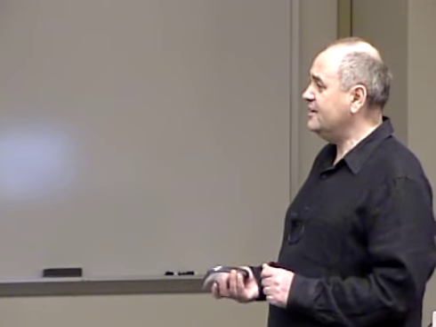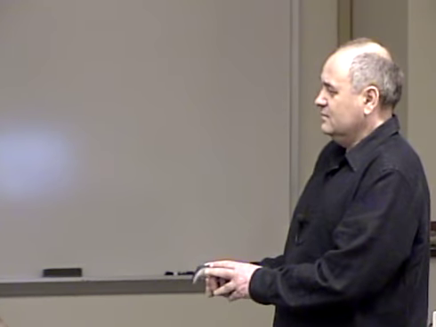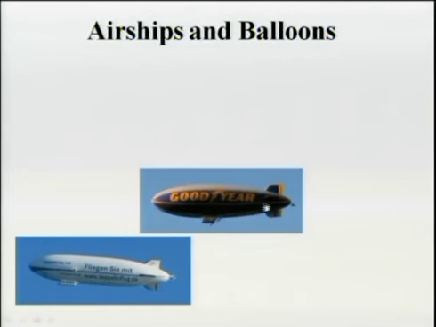These types of vehicles were more popular for flights than airplanes, and those vehicles use the advantage of buoyant force. The skin is empty inside, and it contains either helium or, well, nowadays helium, but Hindenburg contained hydrogen, which is lighter than helium. Germans actually wanted to use helium, but they didn't have access to it.